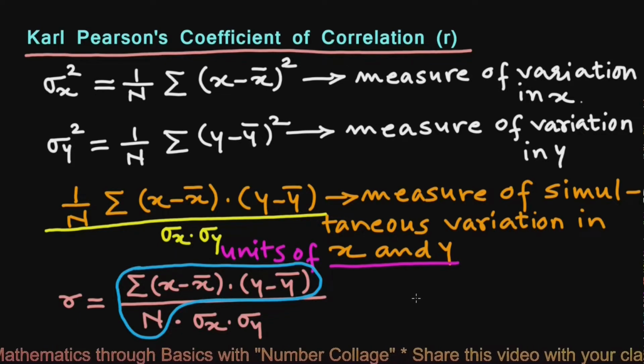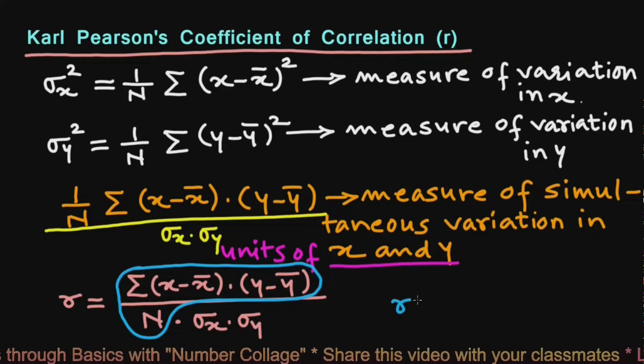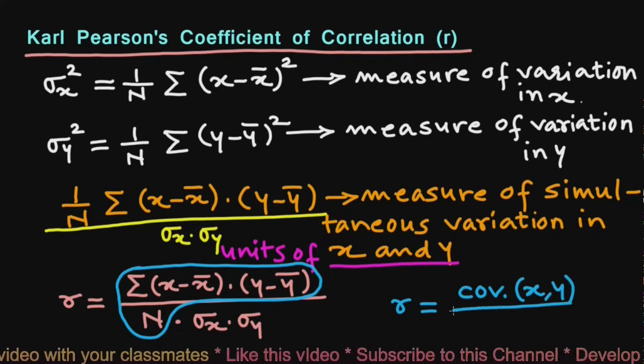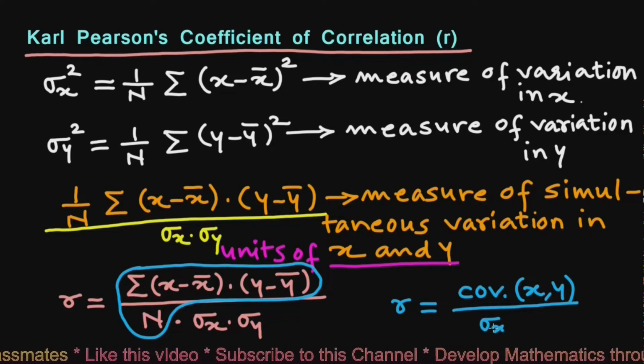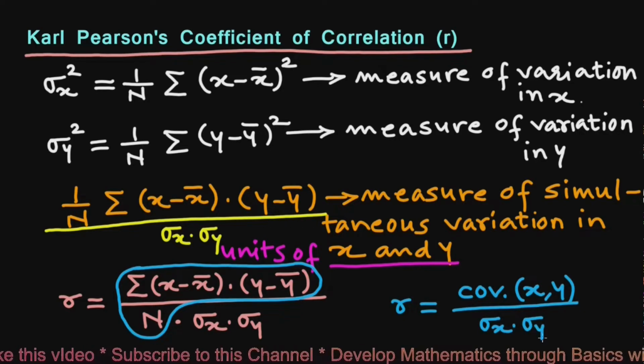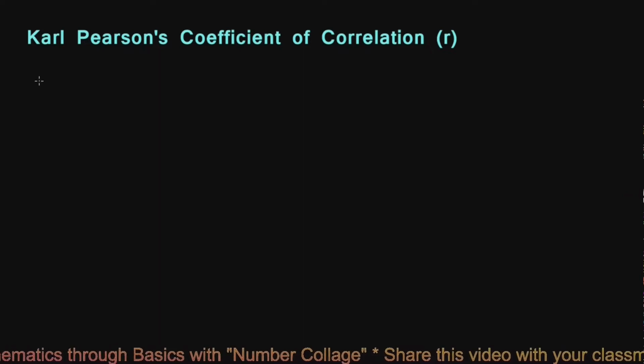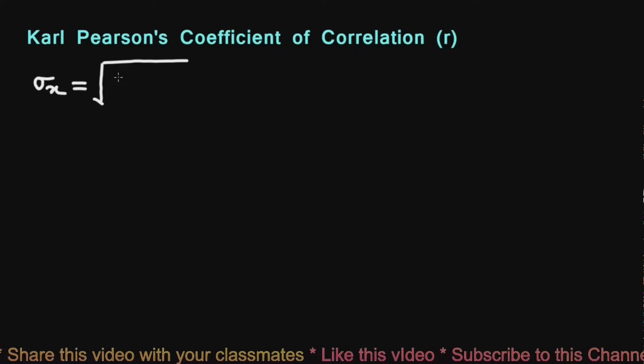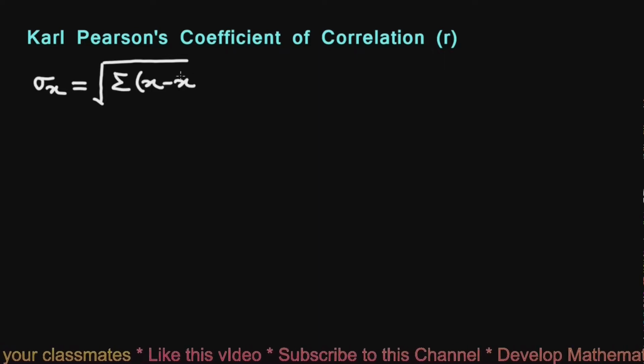Therefore, Karl Pearson's coefficient of correlation r will be the covariance between x and y upon the product of standard deviations sigma x sigma y.